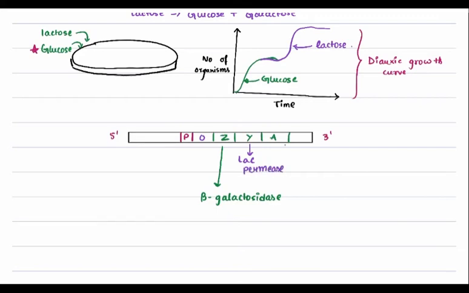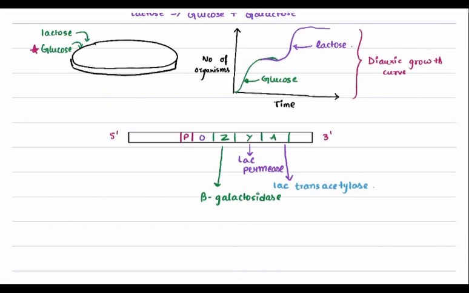And LAC-A is encoding a protein which is called lactose transacetylase. So these are the 3 structural genes that are encoded by the Lac Operon.